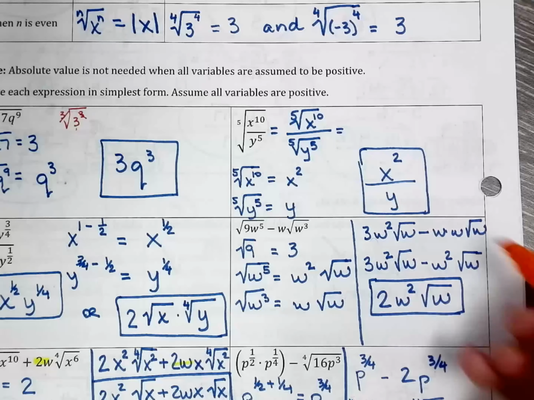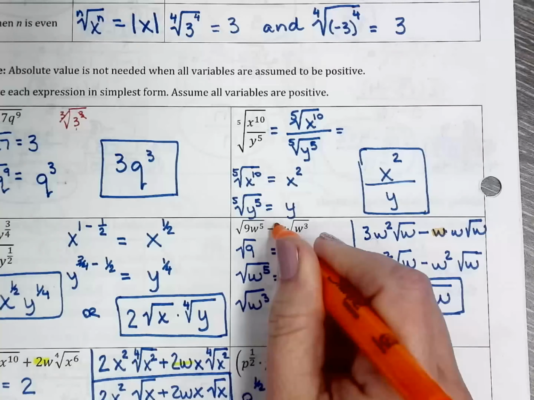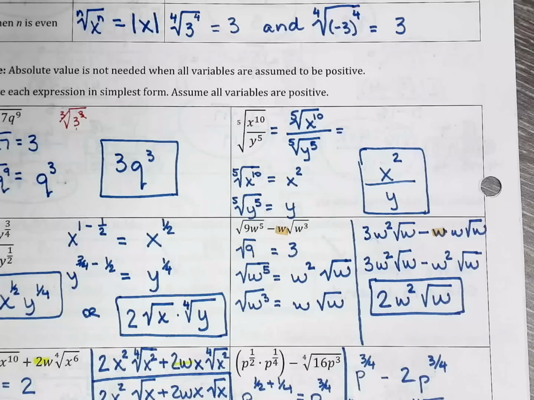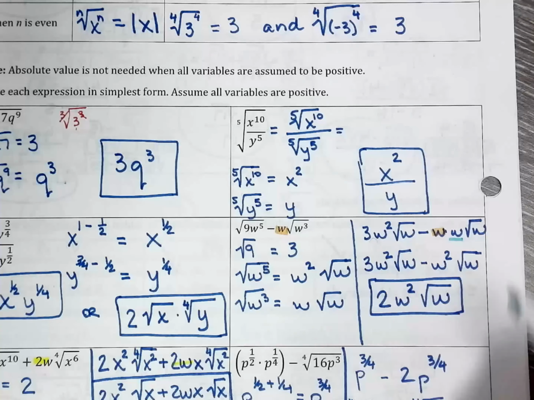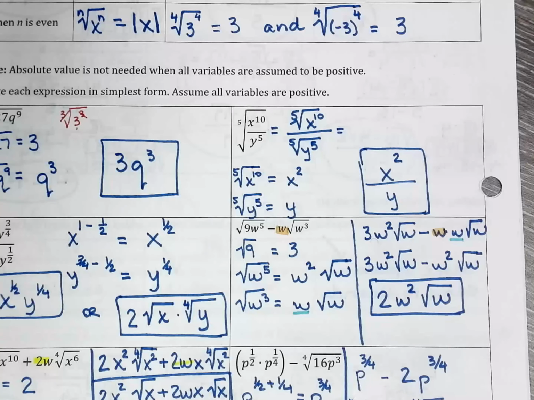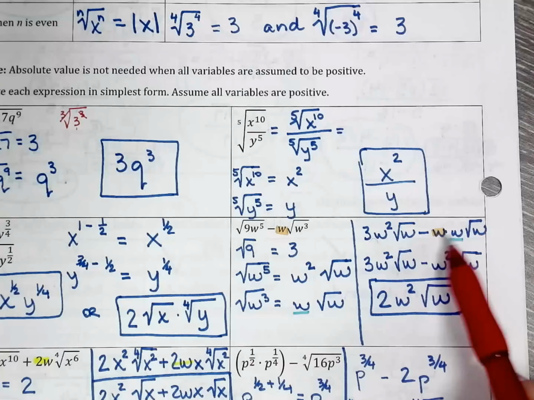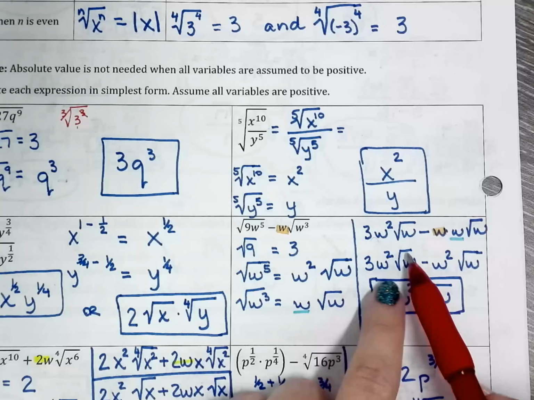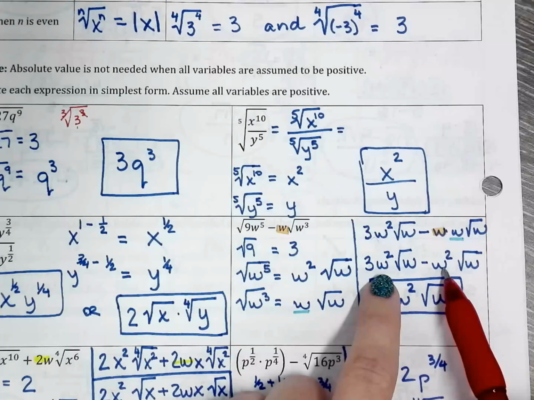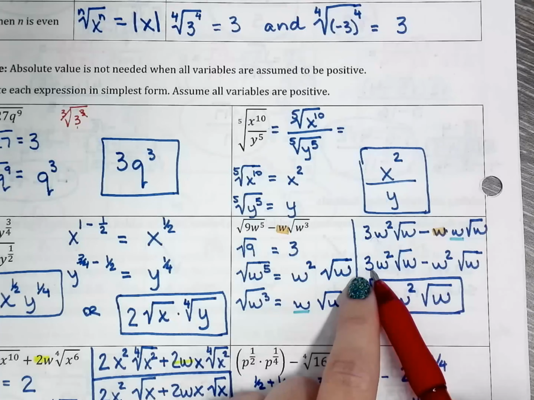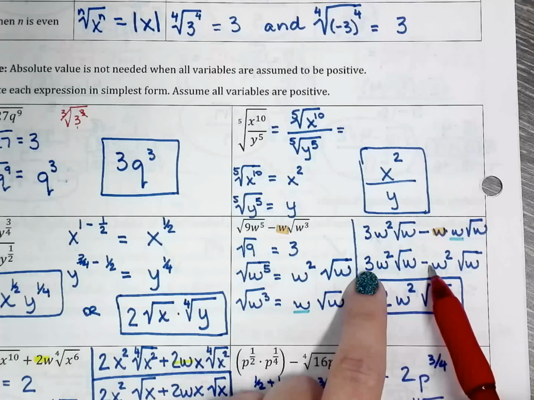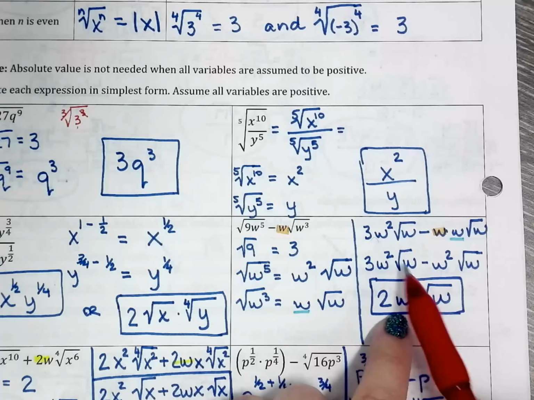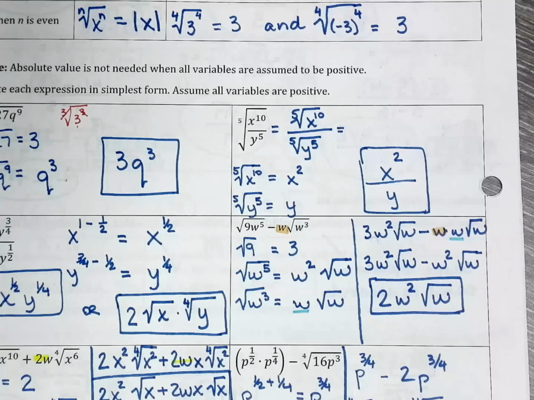This w is this w. And this w is this w. I'm just putting them together. So now that makes w squared, and then square root of w. Now that the radicals are the same, I can just put them together. 3 minus 1 is 2. W squared, square root of w.